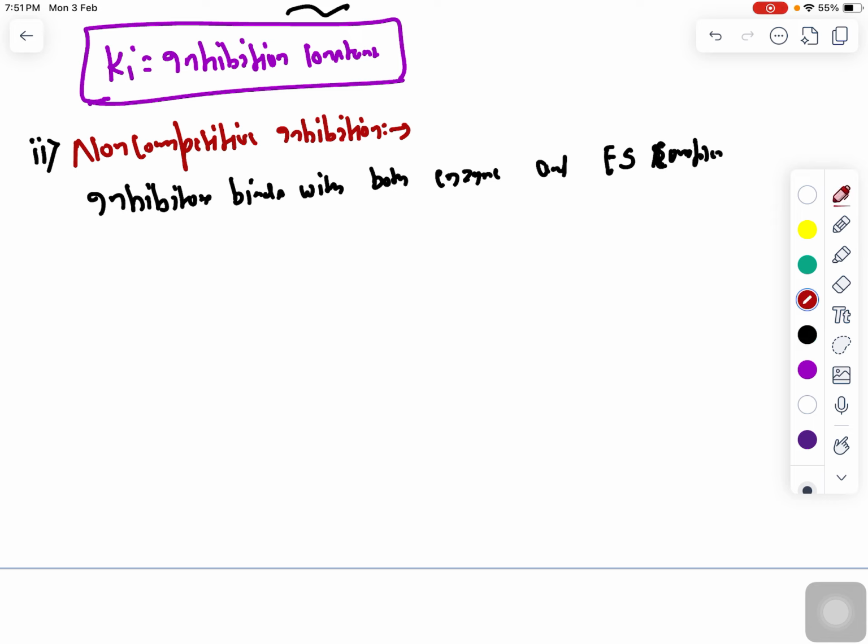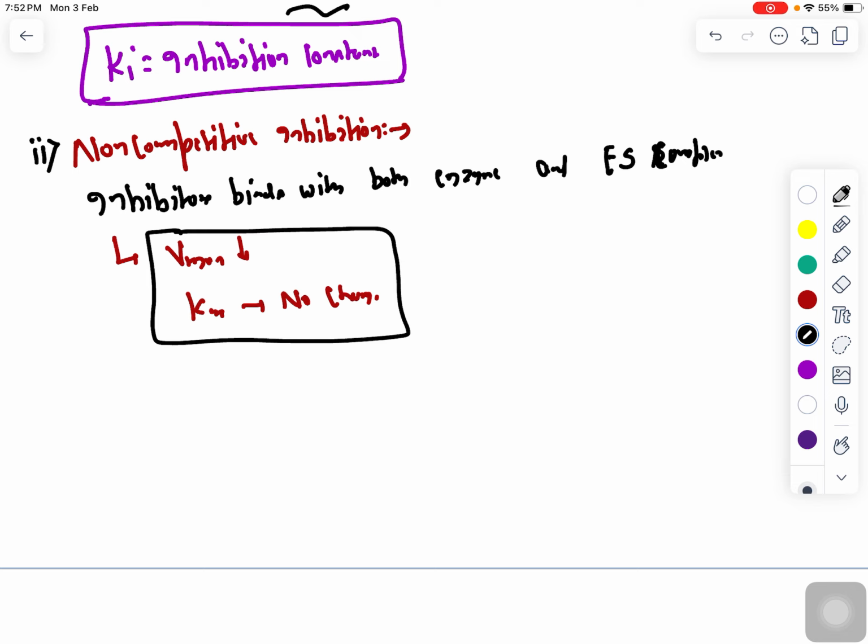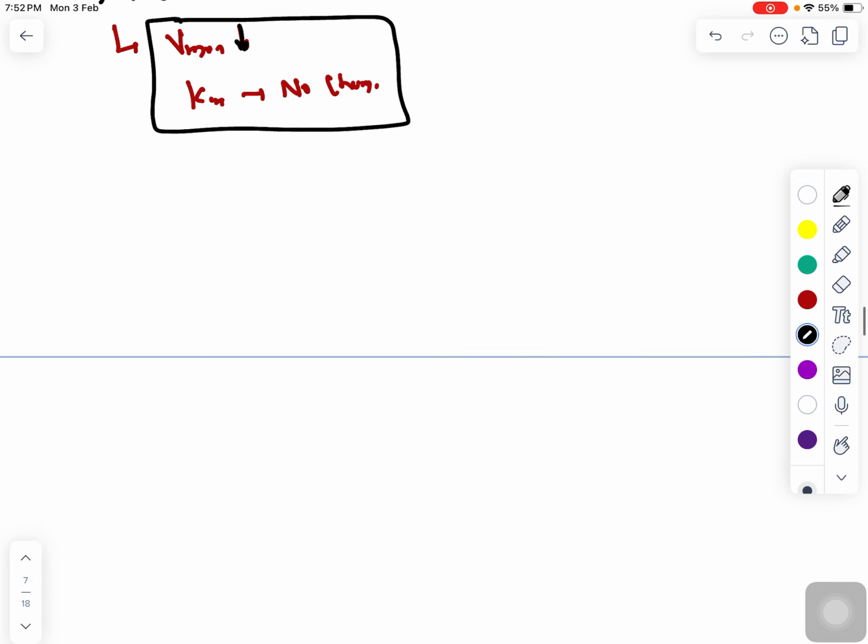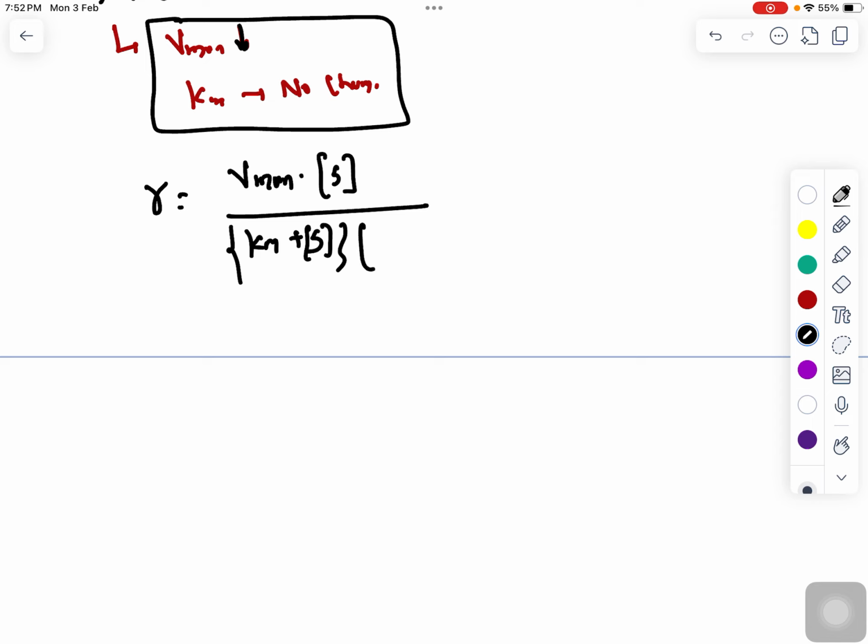Due to this, it will decrease the value of Vmax, but the value of Km will not change. The maximum rate is getting decreased, right? The equation is R equals Vmax into concentration of S divided by Km plus concentration of S, into 1 plus 1 upon Ki. Is that clear?